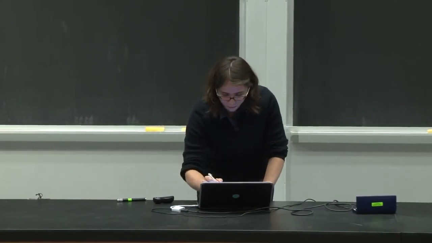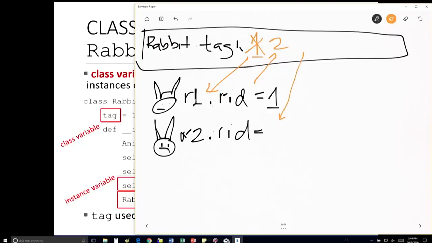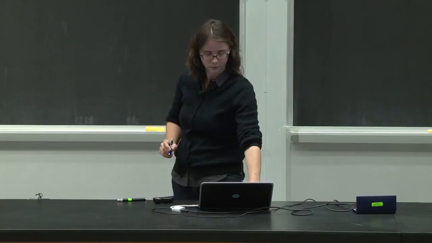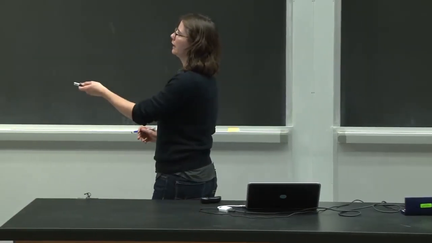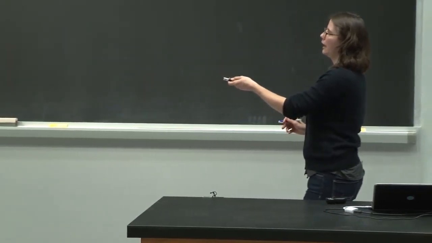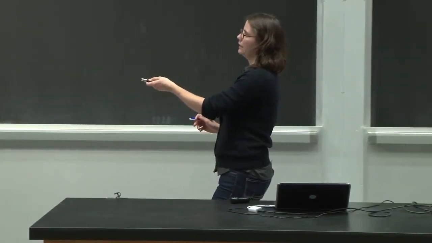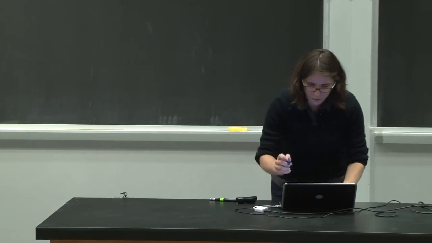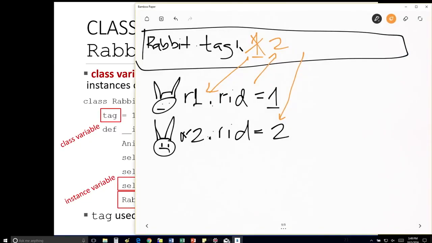It was changed by the previous creation of my rabbit, so now I access that, and the value is going to be 2. And according to the code, the next thing I do after I create the instance RID is increment tag. So I'm incrementing the class variable to be 3.